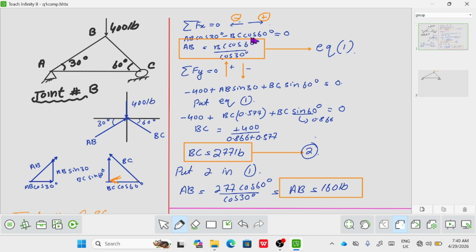So AB cos 30 degrees minus BC cos 60 degrees equals 0. It will become AB equal to BC cos of 60 degrees divided by cos of 30 degrees. This is equation 1.